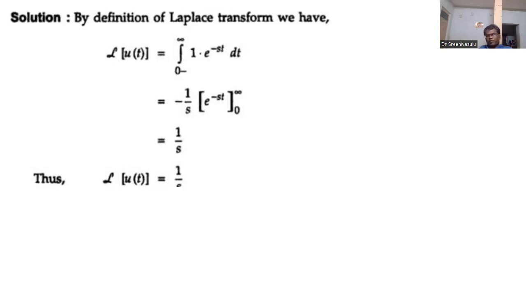In the upper limit, we have e power minus s into infinity. Suppose s is less than 0. Already there is a minus, and whenever s is negative, minus into minus gives plus, so it becomes e power infinity. Then it does not exist.